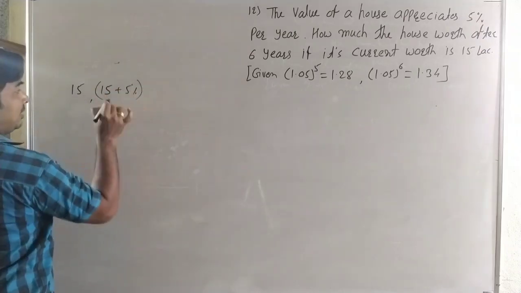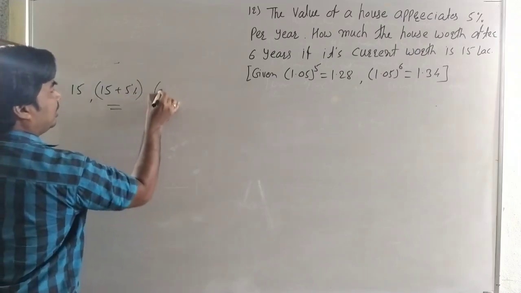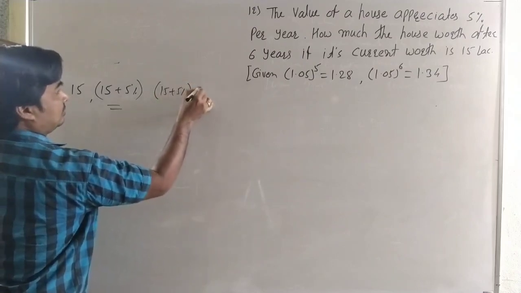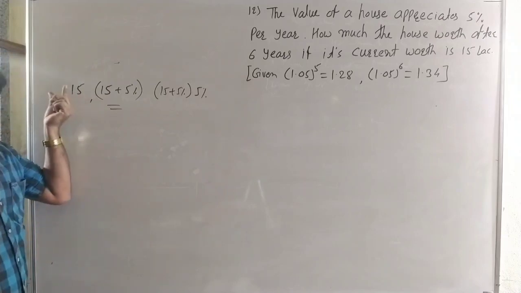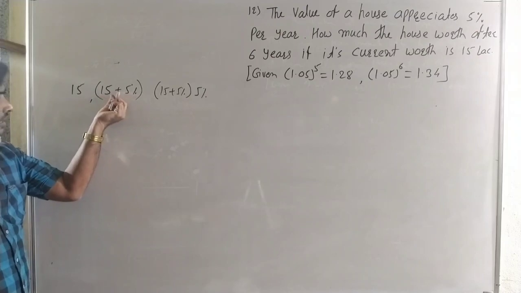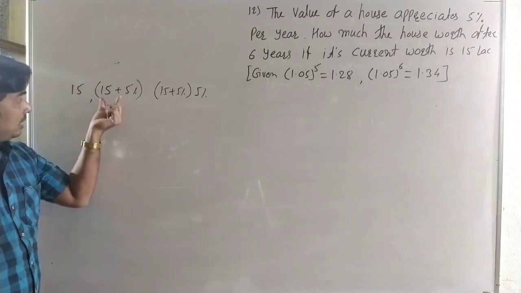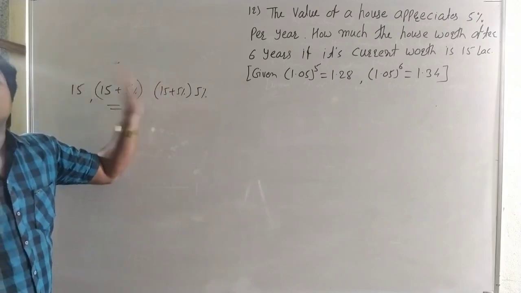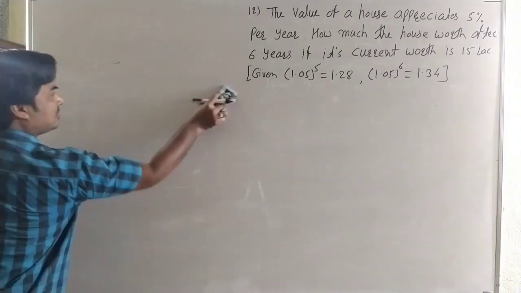Again the second value is this, and then 15 plus 5% of 5%. Okay, it is the third. म्हणजे सुरुवातीला 15 lakh, then 5% of 15 lakh, then here 15 lakh पेक्षा थोडं जास्त increase होईल, then the obtained value again increases by 5%. Like that it increases.